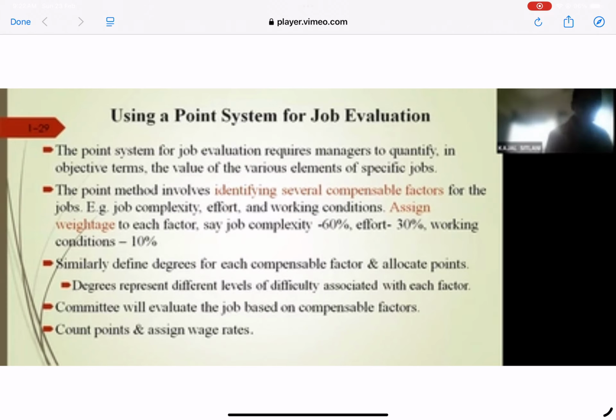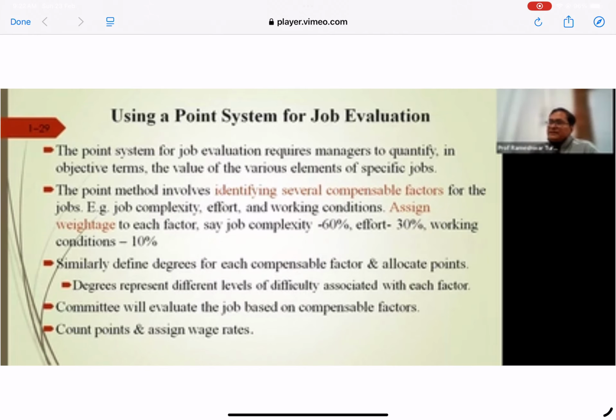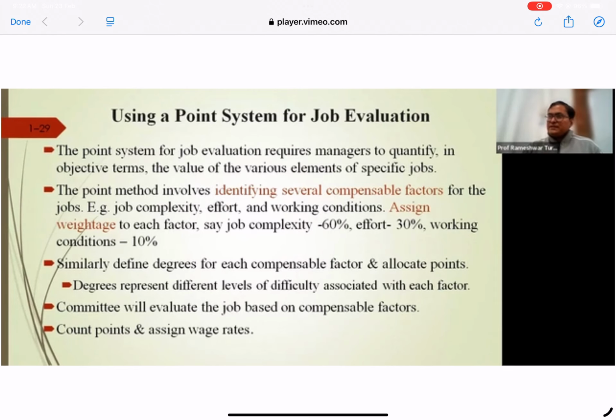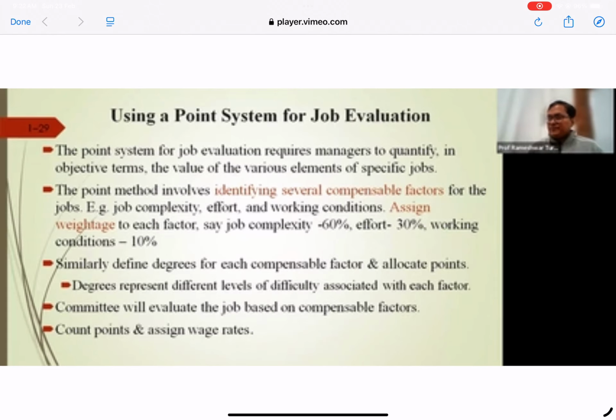Generally, they look at what is happening in the market. We can't say that 1 point is equal to 10 paisa in 2024. They look at the condition in the market, inflation rate, location, and then they take a call. But once that call is taken, that is consistent for all jobs that we are going to do job evaluation for.